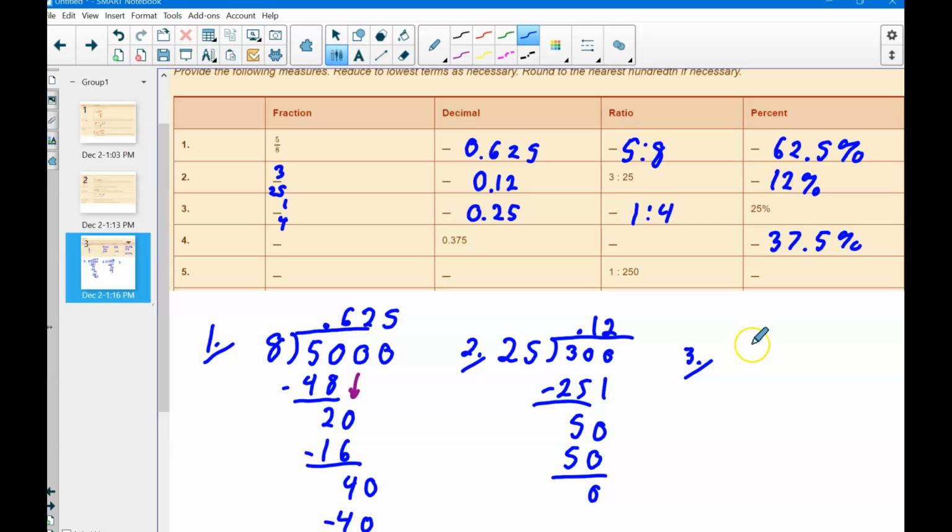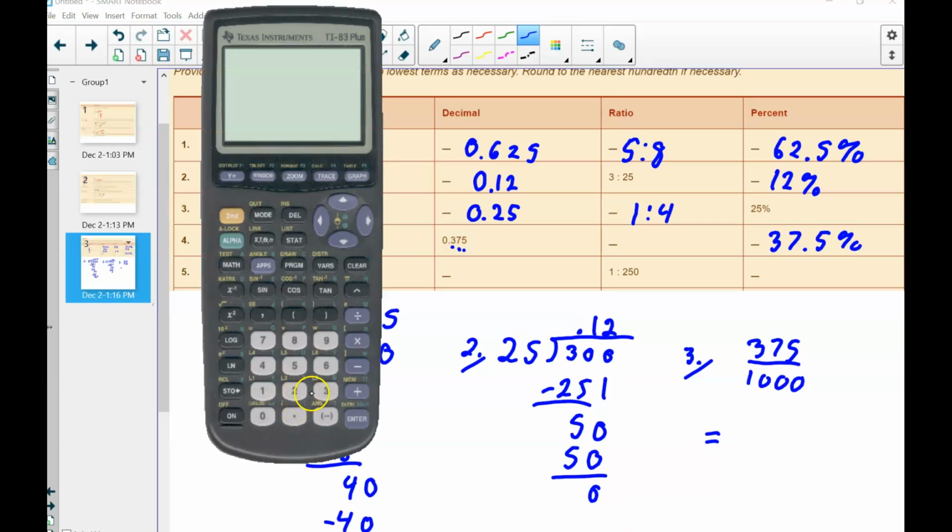Or we could just do this. Tens, hundreds, thousands, right? And then reducing.